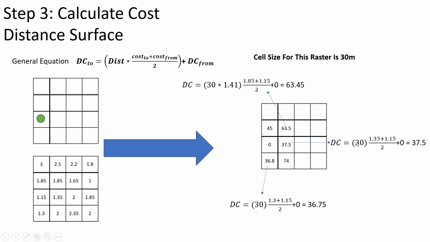Dividing by 2 gives us the average. And then we're adding to that the cost of the from cell. In this case, by definition, our from cell doesn't have any cost, so we're adding 0 there. If we do the math on that, we get 30.75. So the cost of going from this cell to this cell is 30.75.